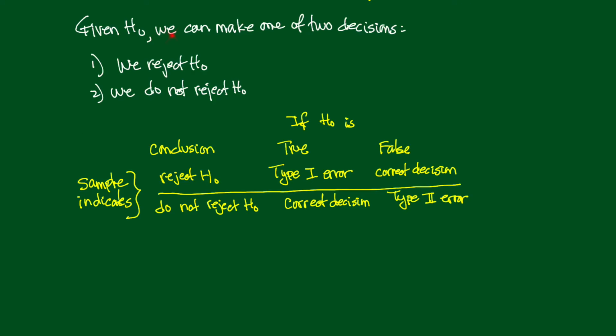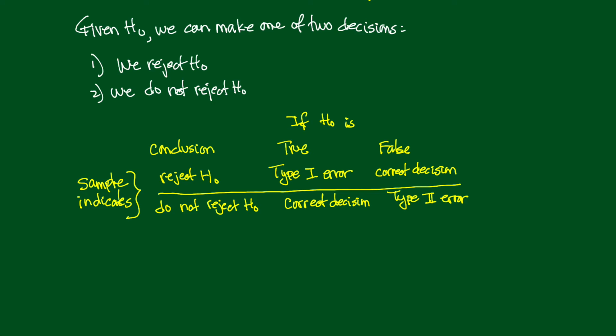So given H naught, we can make one of two decisions. We can reject H naught, or we cannot reject H naught. Now there's errors associated with each thing that we do. So suppose that we take a sample, and our sample indicates we reject H naught. But if it turns out that H naught is really true, and we reject it, we've made what's called a type 1 error, right?